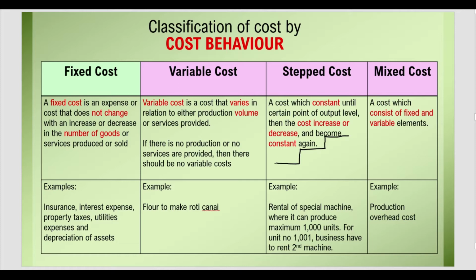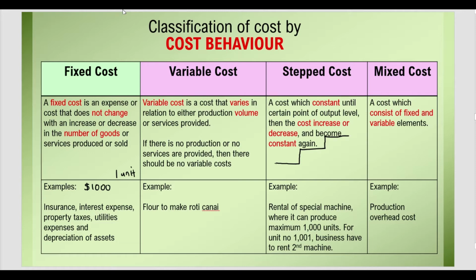For example, if your company pays for rental of factory, let's say your company pays $1,000 and your company produces 1 unit of output only.